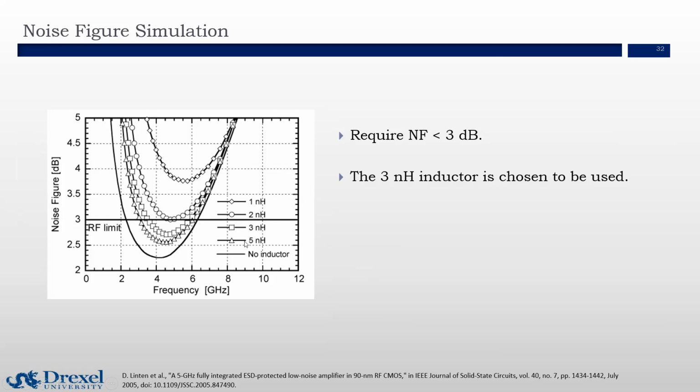These two inductances meet our requirement to maintain our noise figure below 3 dB, where our operating frequency is between 4 and 6 gigahertz. So in this typical design, we choose 3 nanohenry inductance.